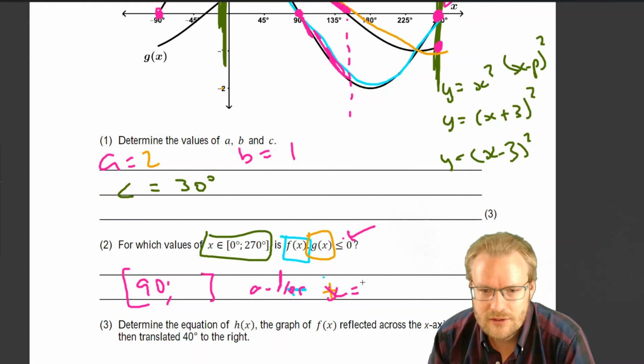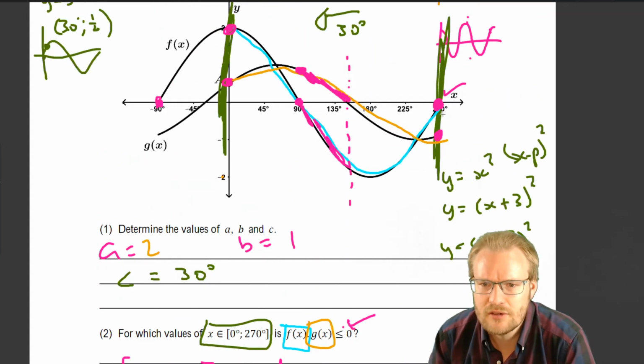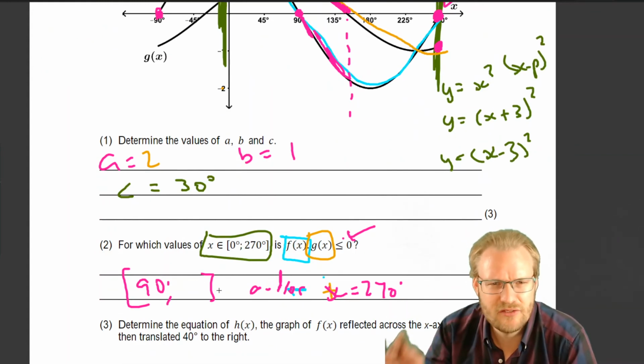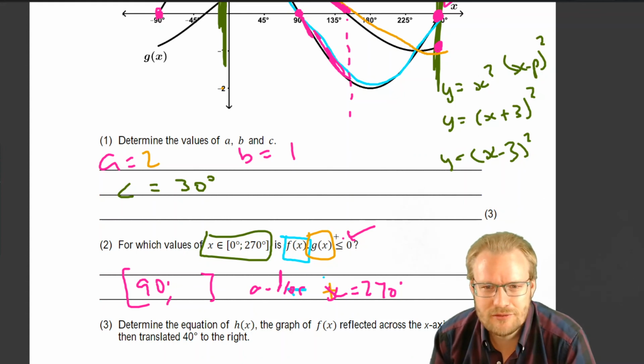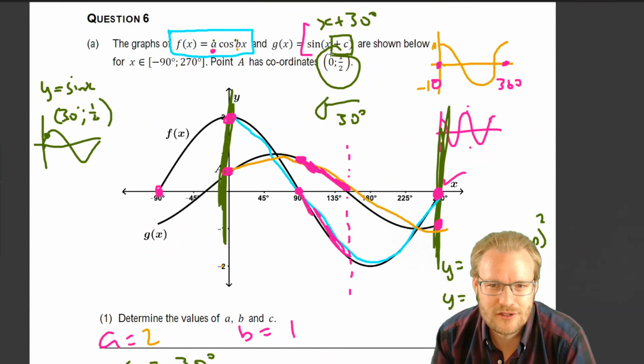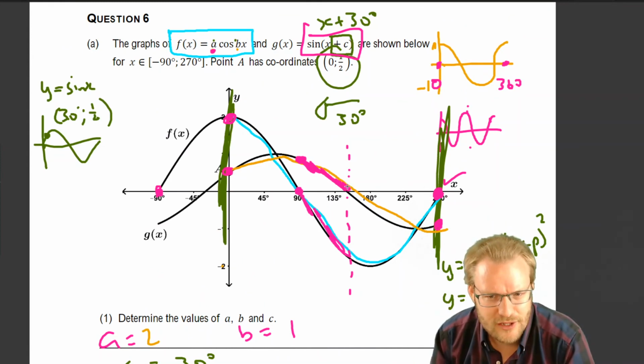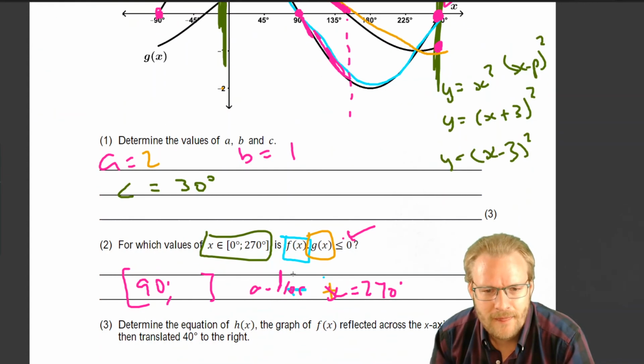Or at x equals 270, and that's 0 and that's a negative. So you just need to work out what this mystery value is. I'll leave you to do some of the work. As a hint, just look at the sine x. How much has it moved left or right by? Because all you're interested in is what's the x-intercept of sine x here, or sine x plus 30.